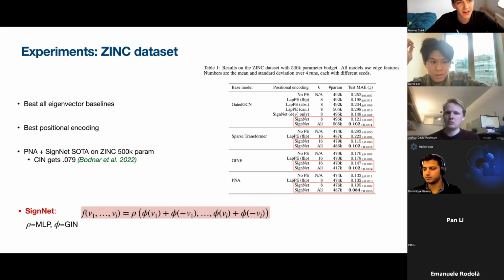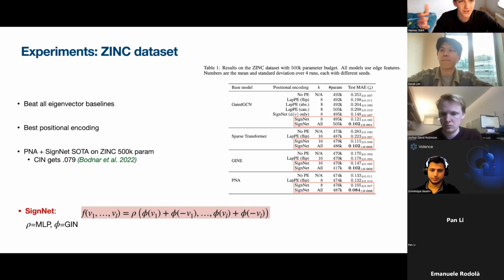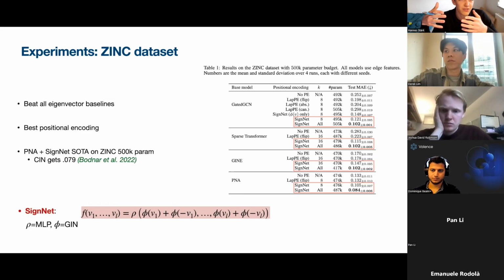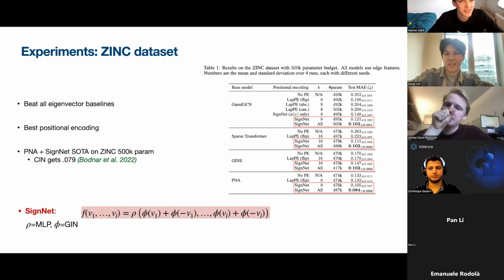Otherwise I could also say, if I concatenate your positional encoding to my node features, and after I've created the new node features I do message passing with the adjacency matrix as well, then I have the Laplacian available.